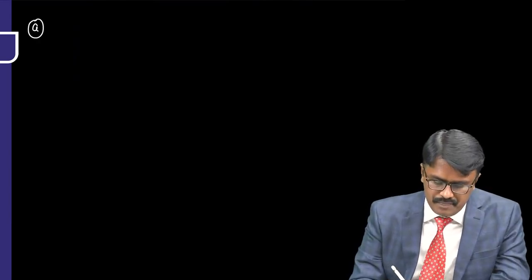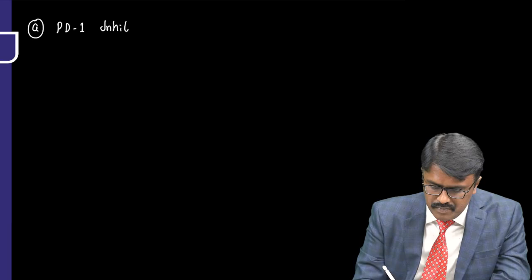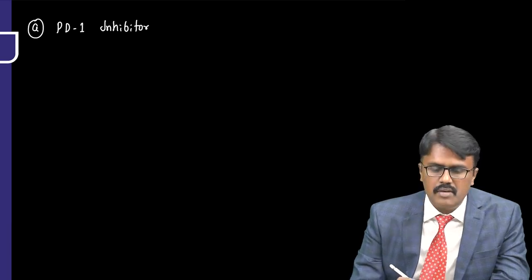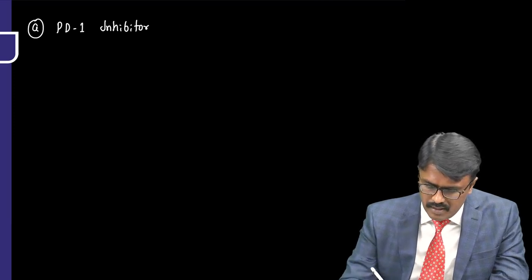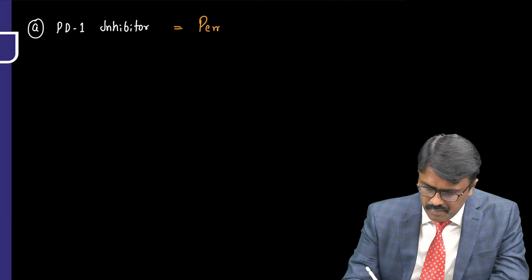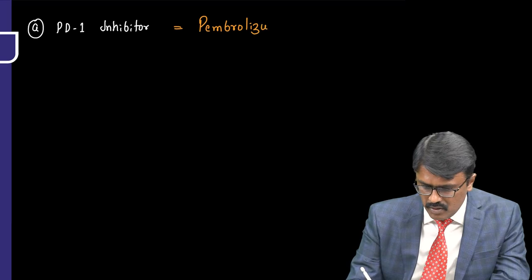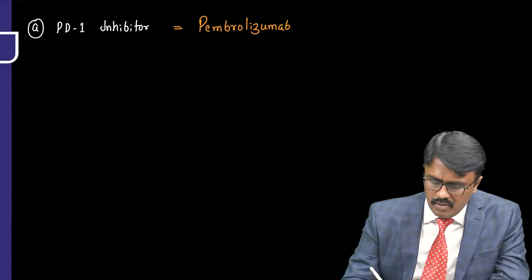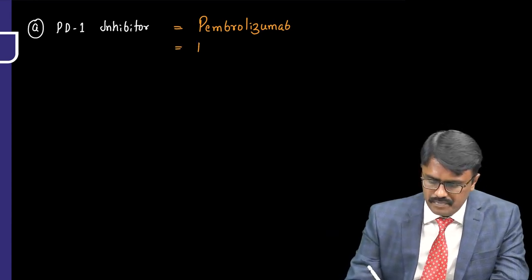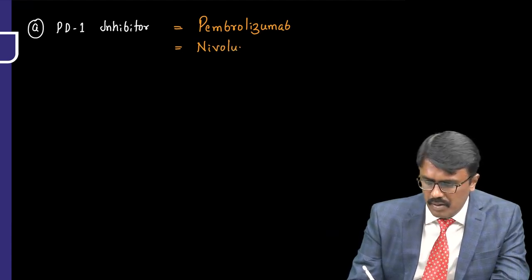So number one, we have the PD1 inhibitors. What is the meaning of PD1? Programmed cell death 1. And the drugs are pembrolizumab. So what I suggest is write them, stick them in your room and look at them every day. Then nivolumab.